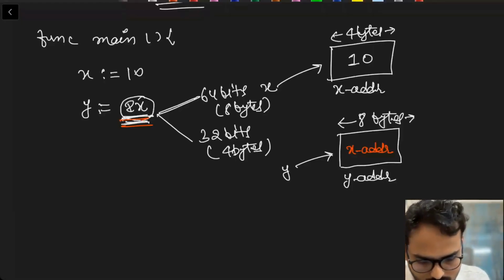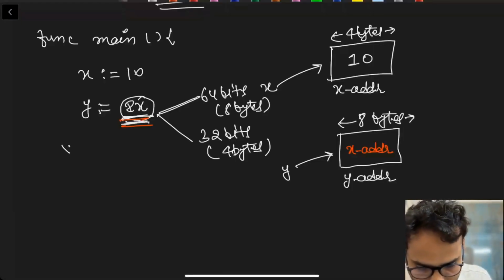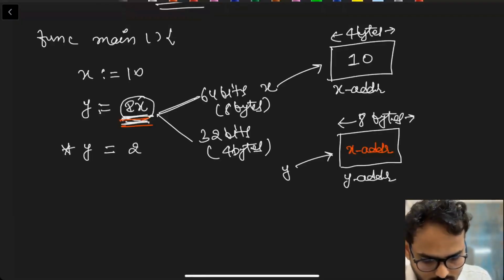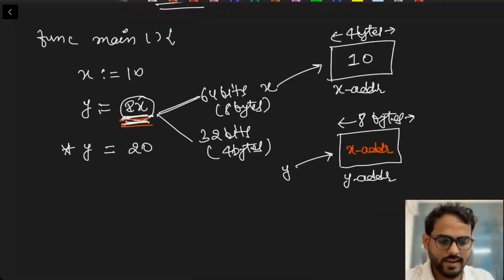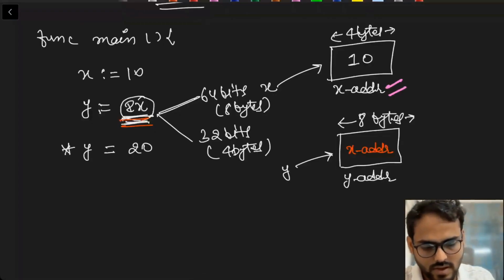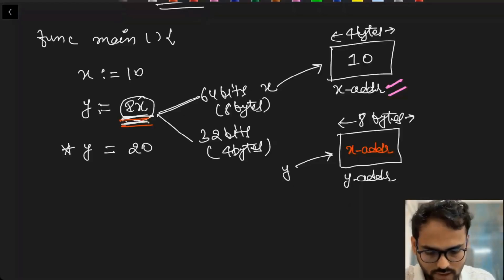For that we can write something like this: *y = 20, and this will update the value at this x here. How? Let us see. When we say *y = 20, y gives the x address, right?